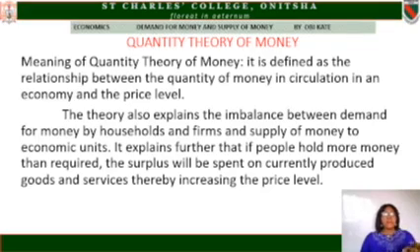The theory also explains the imbalance between demand for money by households and firms and the supply of money to economic units. It explains further that if people hold more money than required, the surplus will be spent on currently produced goods and services, thereby increasing the price level.